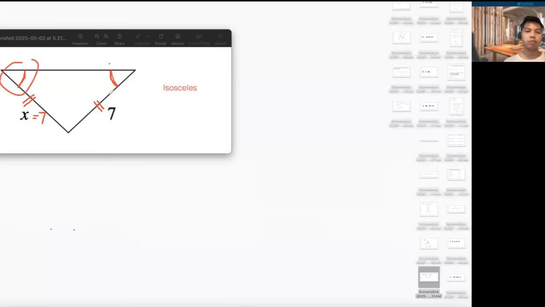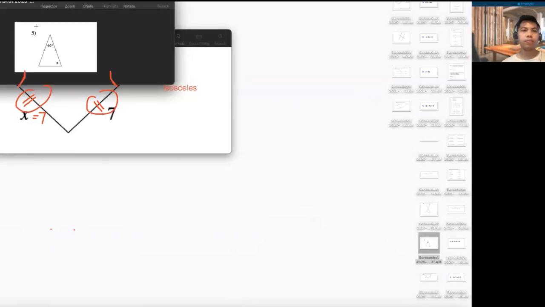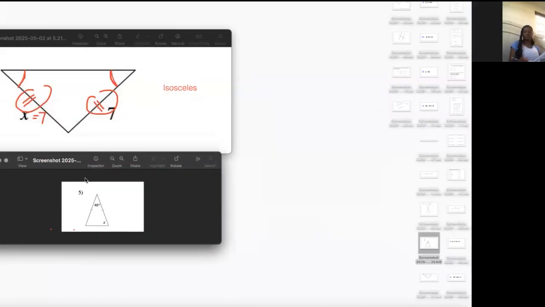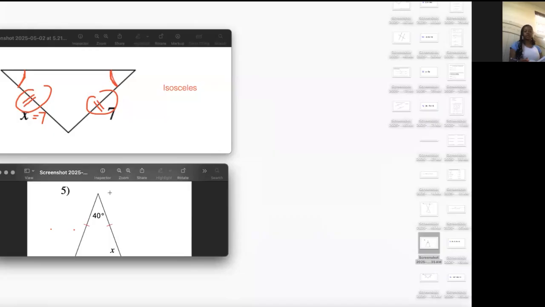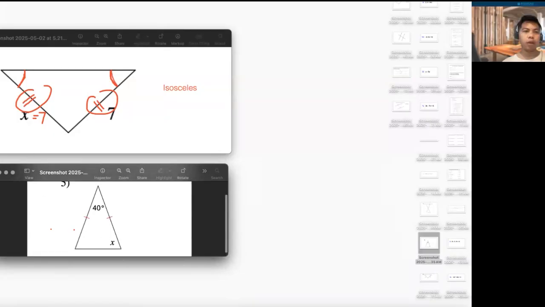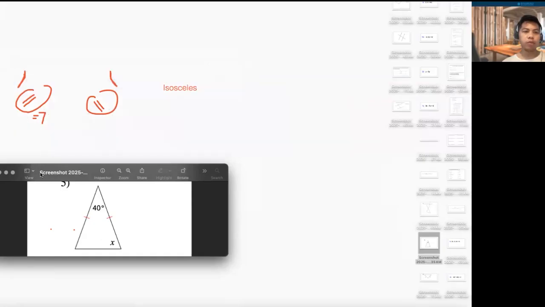Two angles are equal, and two sides are equal. We're gonna use that information to solve this.